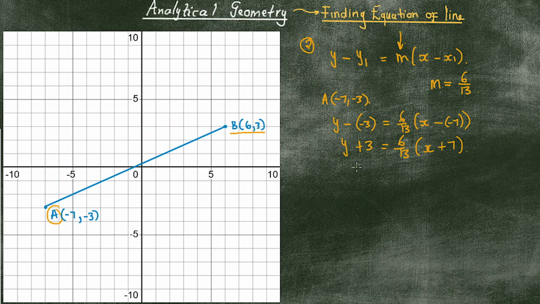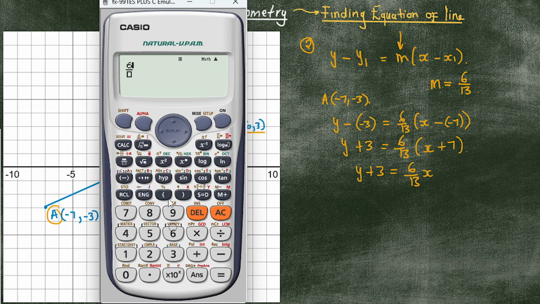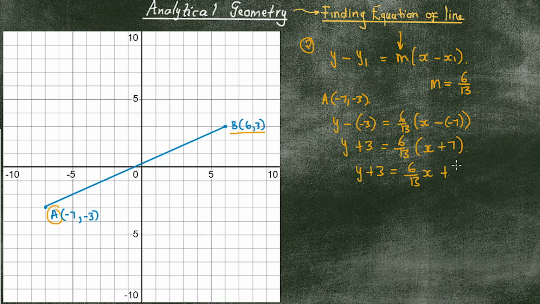Then y plus 3 equals 6 over 13x, then 6 times 7, I should be multiplying those carefully, 6 times 7, and the answer here is going to be 42 over 13.